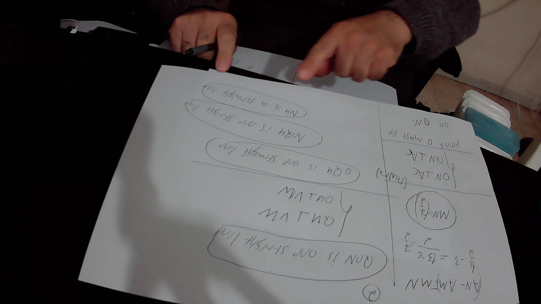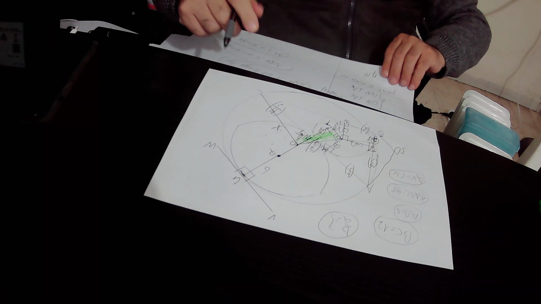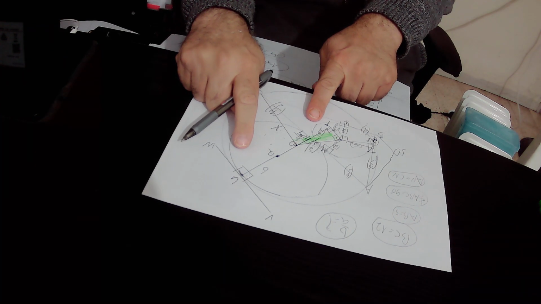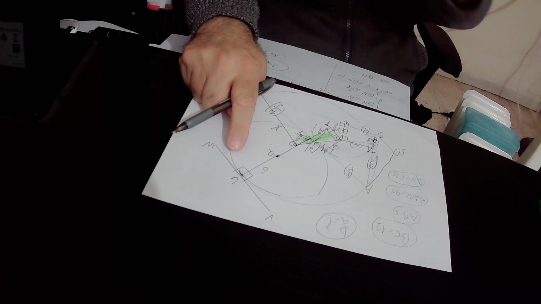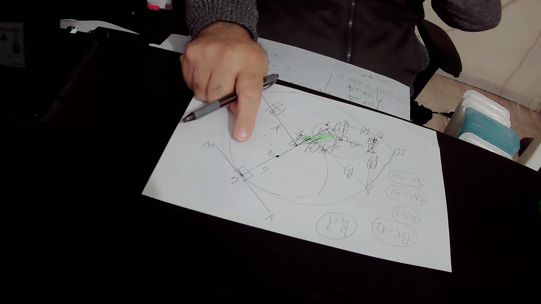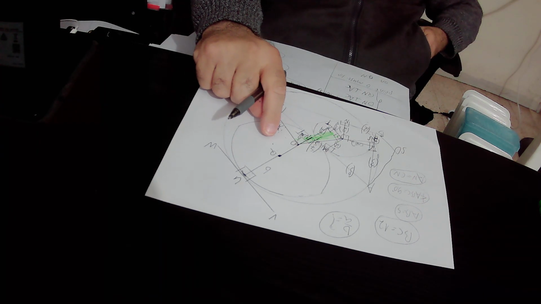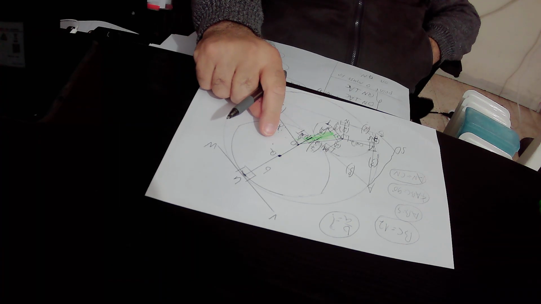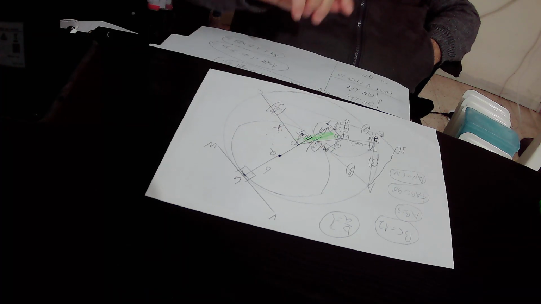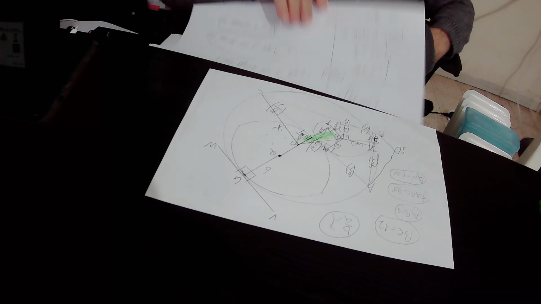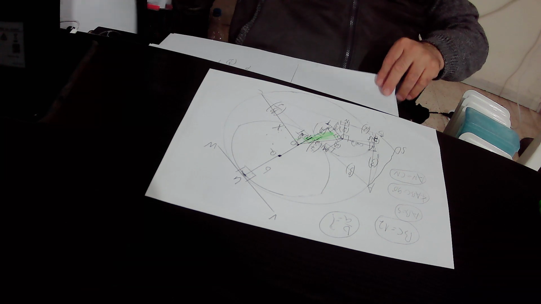Again, NU is a straight line that touches the circle at points N and U. That is to say, NU is a chord that passes through point Q, the center of the circle, and any chord that passes through the center of the circle must be the diameter of the circle. So NU is the diameter of the circle.